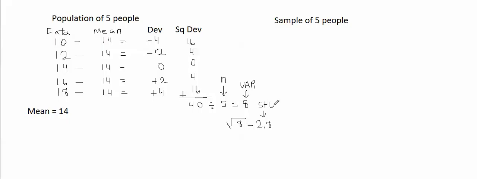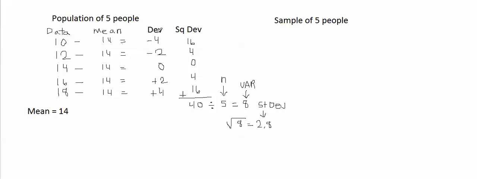And I didn't show you the very first step when I got the mean of the data, but to get the mean of the ages, I just added the 5 ages and divided the total by 5, and I got the mean of 14. Then I went ahead and subtracted each age by the mean of 14 to get these deviations. I squared the deviations.